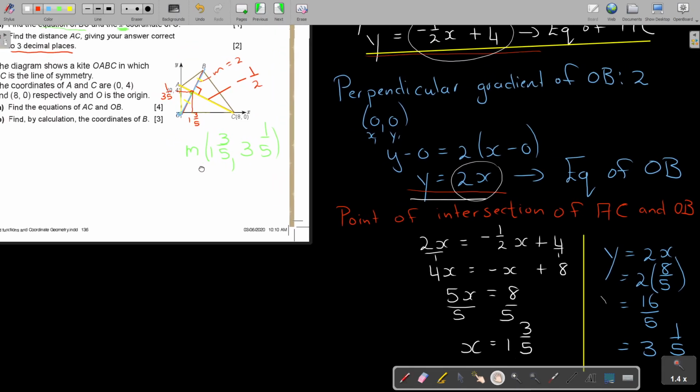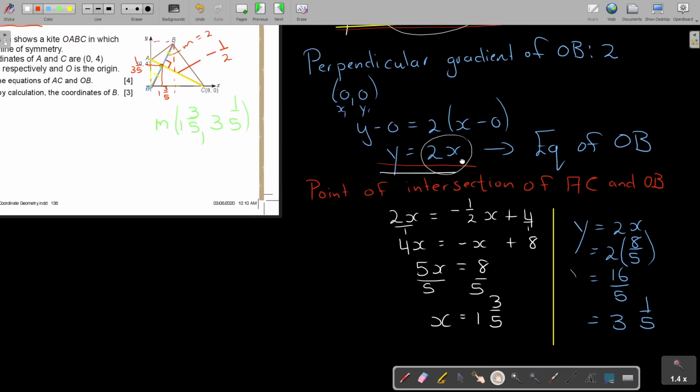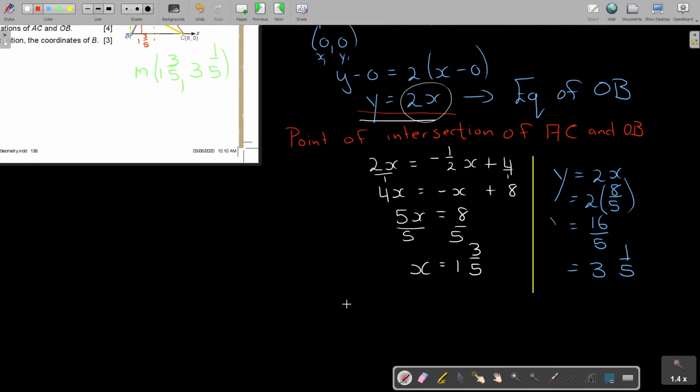I want to find the coordinate of B. Now remember what I said, this blue part is the same as that blue part and it starts at 0. So if I want this x value here, it's basically just double, so it's 3 over 5 times 2. And that y value is also double, because it's working from 0, 0.